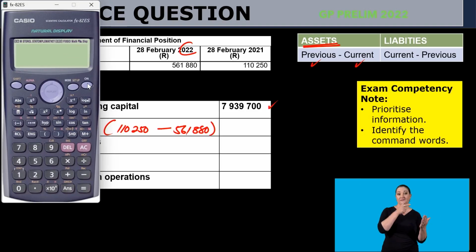I'll punch this onto my calculator: 110,250 minus 561,880. You can see on my calculator, the amount is negative 451,630.